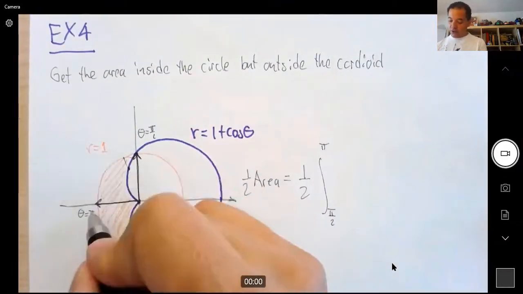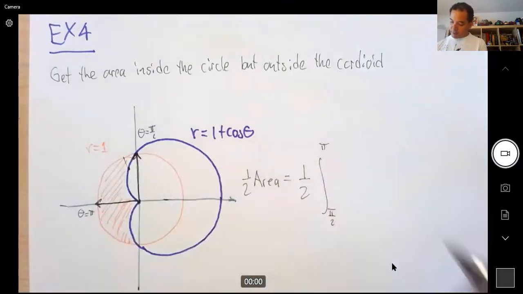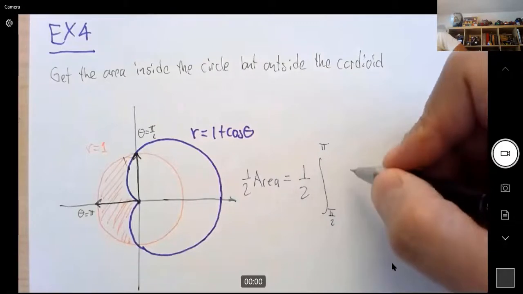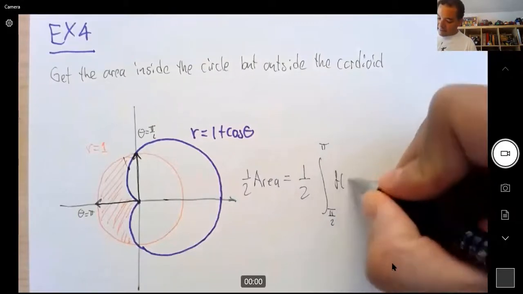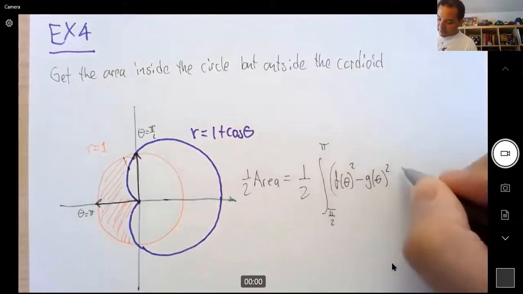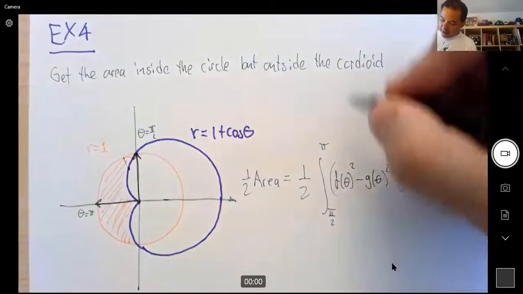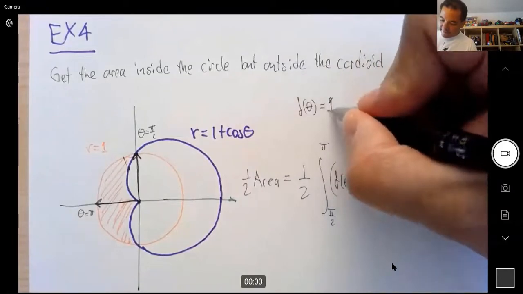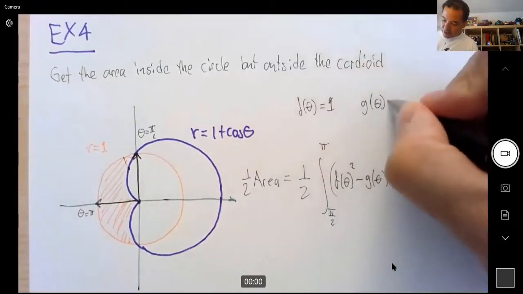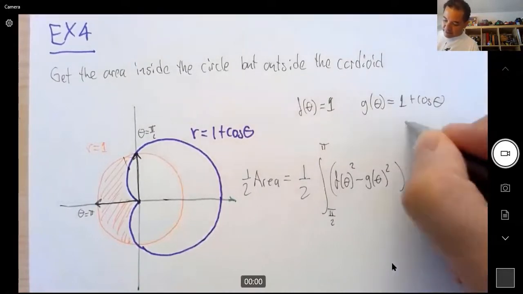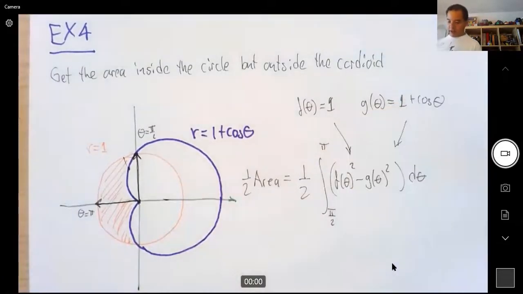The outer function is 1. So I'll write the formula: the outer function minus the inner function, d theta. Here the outer function is 1, and the inner function is 1 plus cosine theta. Those are the ones you need to plug in here.